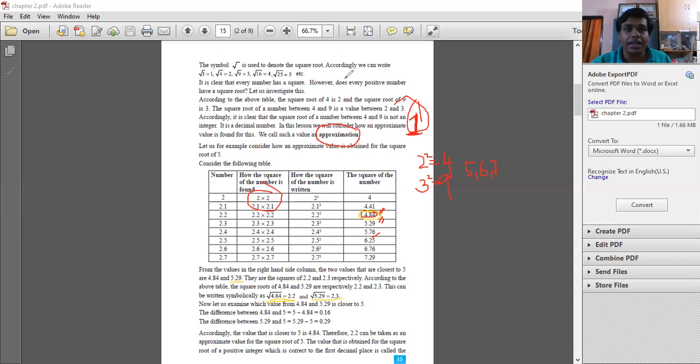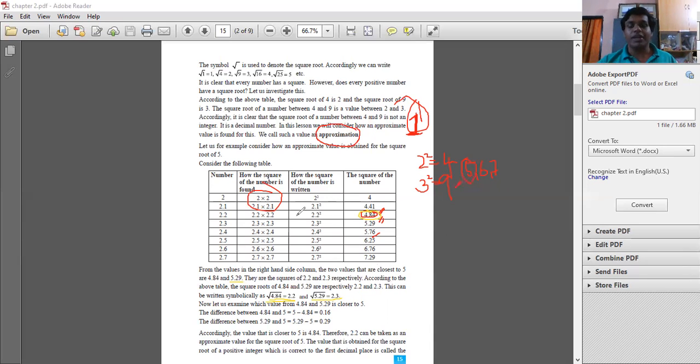If somebody asks for 5, it falls between 4 and 9, because 2 and 3 are the only perfect square roots at the moment. So this should fall between 2 and 3, anything between 2.1 and 2.9.